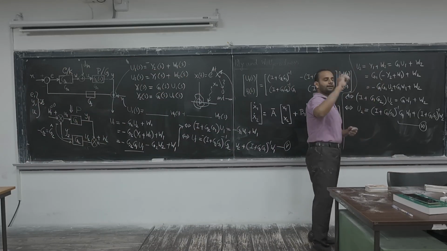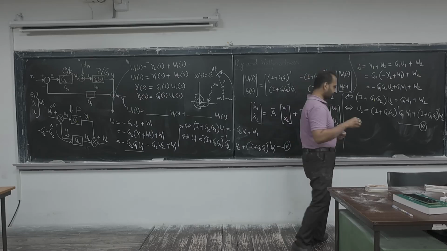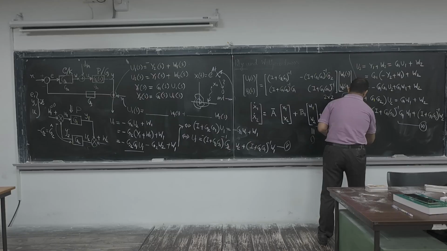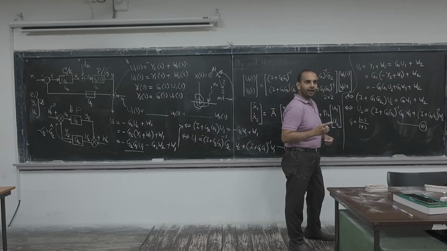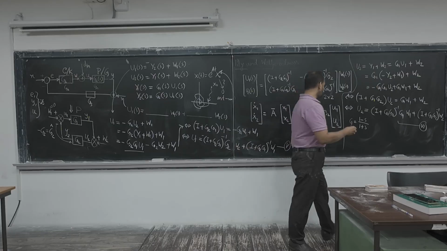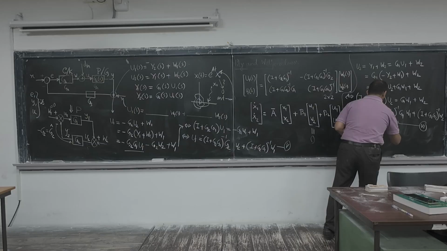That is the example we considered: 1 minus s by 1 plus s. That is the plant we considered, and for feedback we consider the unit negative feedback. So if I write this as G1 and then G2, we can write simply 1.